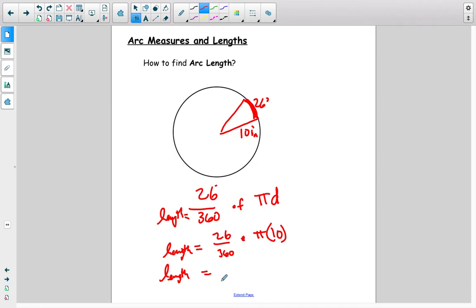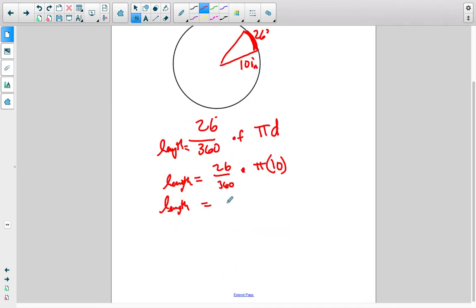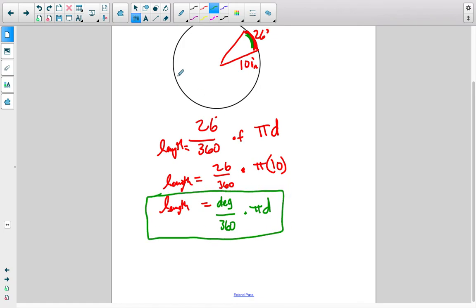So your basic formula is going to be the number of degrees of the arc, the number of degrees of this arc right here, out of what's possible, which is 360 from a circle, and then you're going to times it by the circumference of that circle. So you'd have to figure out what that is. Okay, so this is the important thing you need to know. This is how you come up with arc length.